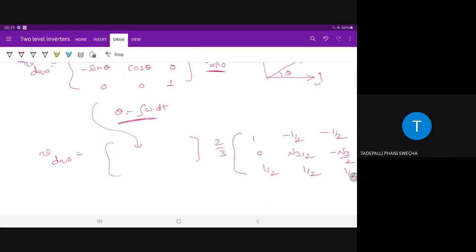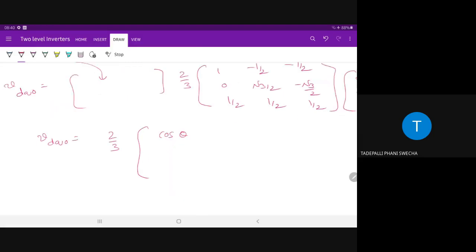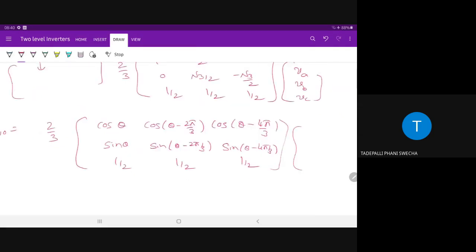That means we can directly convert this one. So V dq0, if you do this, you will get 2 by 3 times cos theta, cos theta minus 2 pi by 3, cos theta minus 4 pi by 3, sin theta, sin theta minus 2 pi by 3, and sin theta minus 4 pi by 3, and you have 1 by 2, 1 by 2 and 1 by 2, and here you have this VA VB VC.